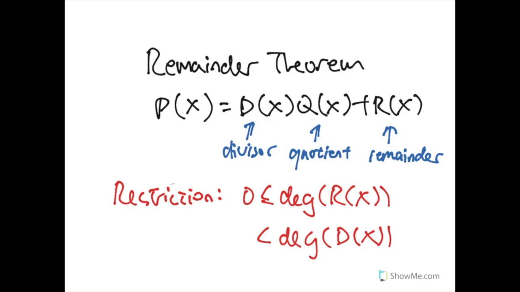Now this is very similar to that for the integers, because for integers, take the example that we just did, we have that 2 is between 0 and 3, or 0 is included but 3 is not. And the restriction for the polynomials is just the same.